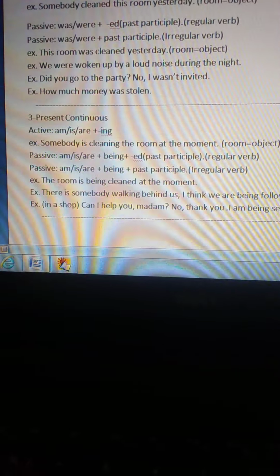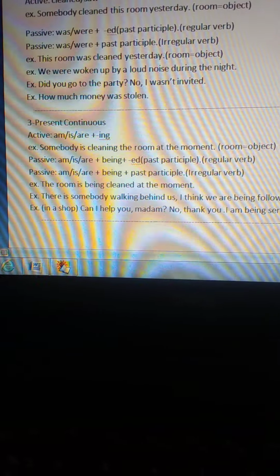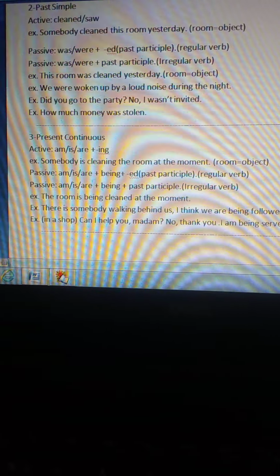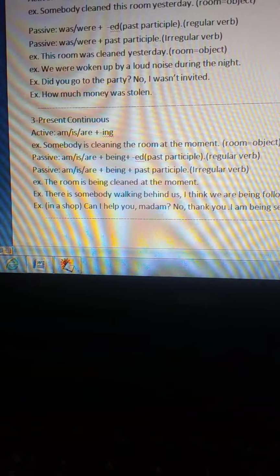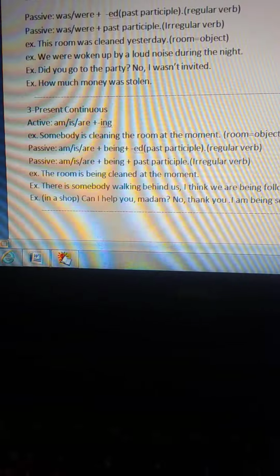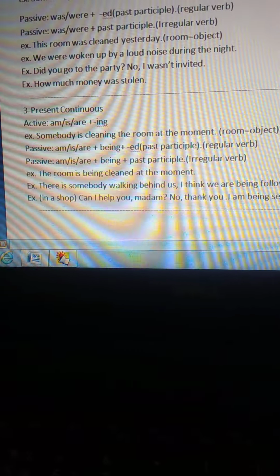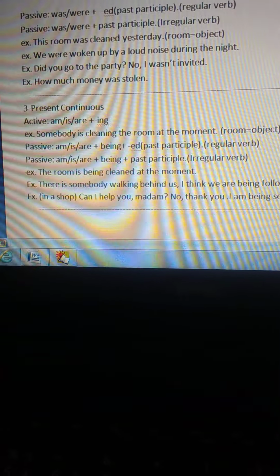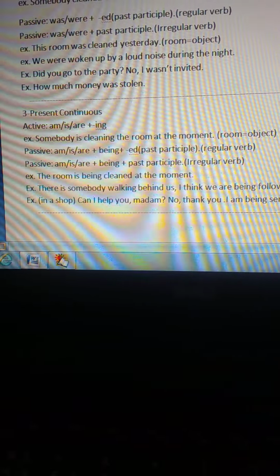Passive: was or were plus past participle, regular verb with -ed, and irregular verb. Example: this room was cleaned yesterday. Other example: we were woken up by a loud noise during the night.